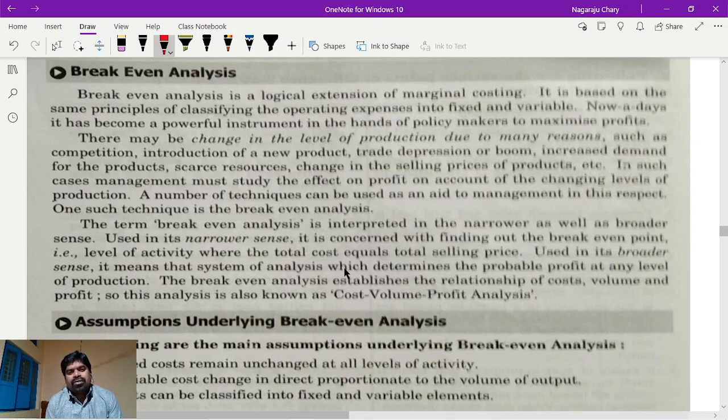That means whatever cost is incurred on the product is equivalent to the selling price. Above the total cost, what we expect as returns is profit. So above the break-even point, we are going to get profit. Below the break-even point, we are going to get losses. So whether from the profit point of view or the production point of view, the break-even point is very useful to management to take accurate and better decisions.